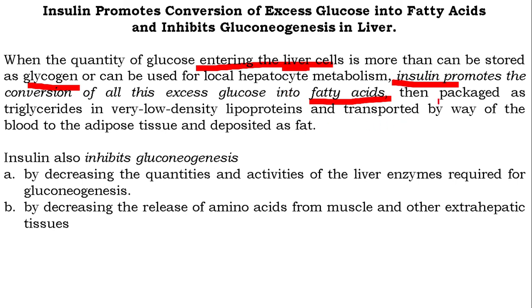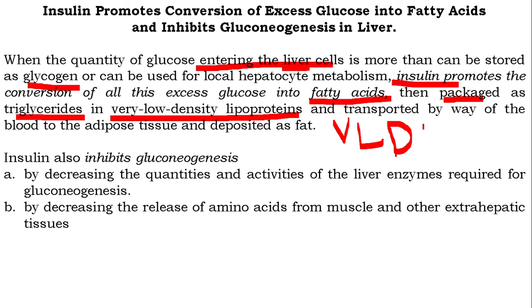Then they are packaged as triglycerides, of course utilizing glycerol, in very low density lipoprotein VLDL. You might have heard of the term VLDL, very low density lipoproteins. Then it is entering the blood supply and it is reaching the adipose tissue, and in the adipose tissue they are stored as fat.